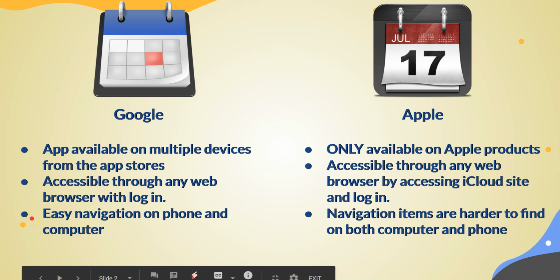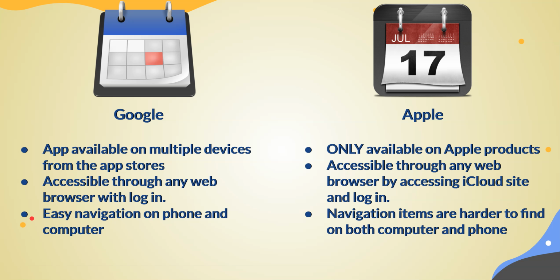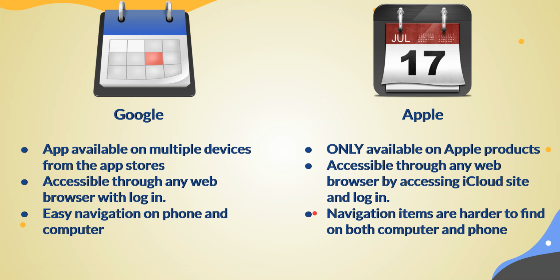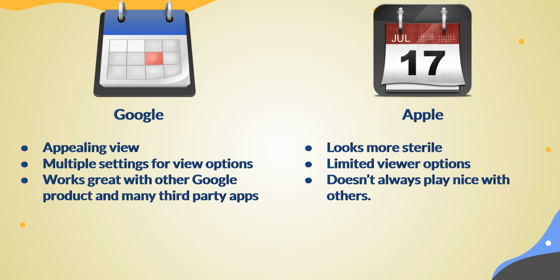With Google, it has easy navigation on your phone, and also I've noticed that it has easy navigation on the computer. For Apple, the navigation items are a little bit harder to find, and the phone navigation is somewhat difficult, actually. As far as the appearance, Google's appearance is very appealing.